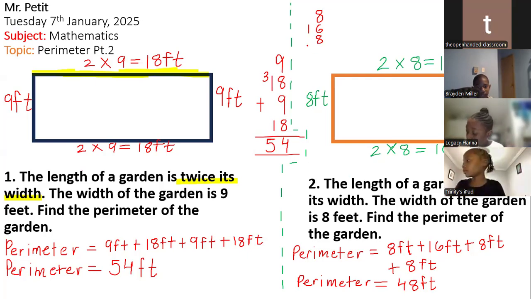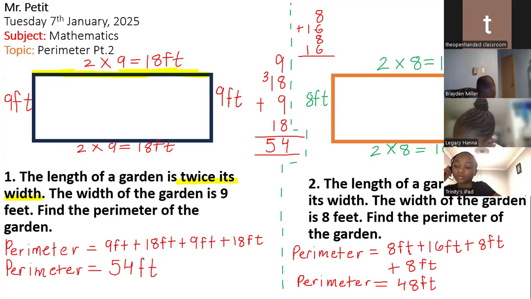All right, so let's add them. We have 8 plus 16, which is what? 8, 9, 10, 11, 12, 13, 14, 15, 16. So 24.